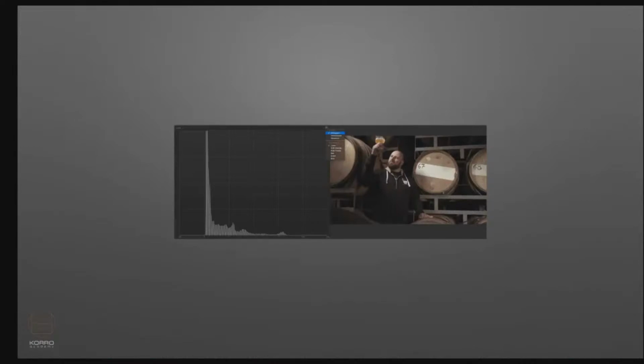So what's fantastic about scopes is they allow you to quantify in a completely impartial way the information that's up on screen. Most basic type of scope we have is a histogram. It's literally a bar graph. It will look across the whole image, and it will start off looking for pixels that have a value of 0.